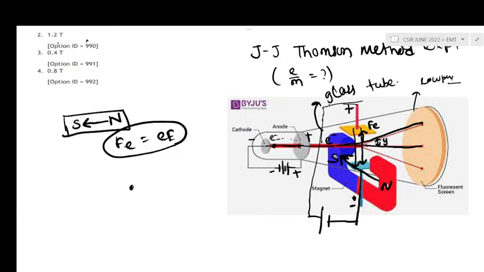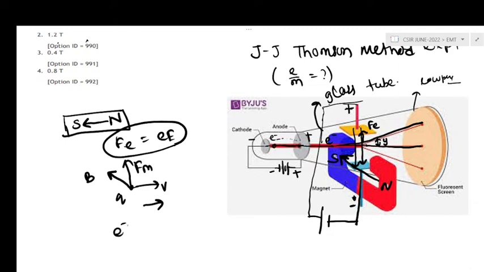If a charge Q is moving with velocity v along this axis and the magnetic field is acting inward, by the thumb rule, if you put your thumb in the velocity direction and the magnetic field inward, the palm face will say the direction of force, that is upward.